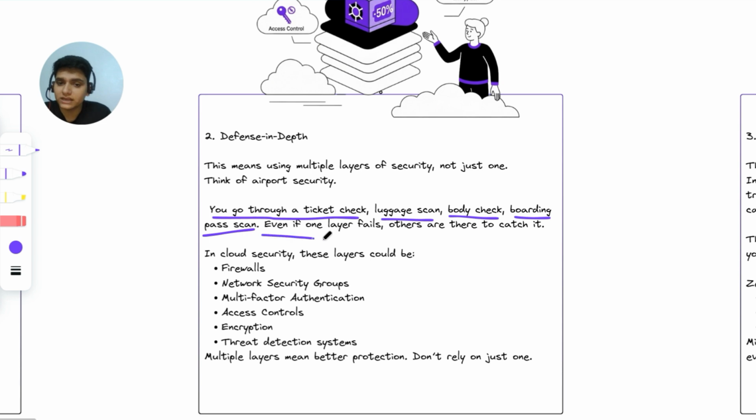So even if one layer fails, the others are there to catch you if you are a bad actor. In cloud security, these layers could be firewalls, NSGs, multi-factor authentication, access controls, encryption and threat detection systems. Multiple layers mean better protection, and we are not going to rely on just one.